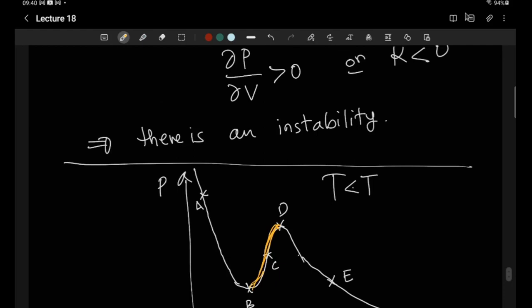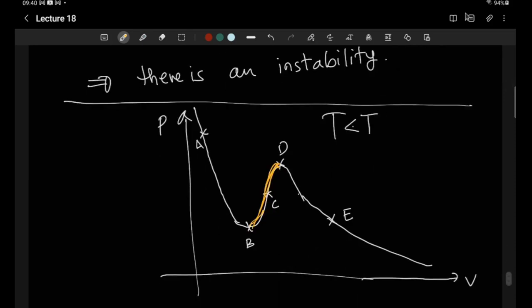So now the question is, what are the interpretations for points A and E? The idea here is that there will be a phase transition. The DE part is one phase, the AB part is another phase, and at least A and E will be two different phases. So the question to you is, which is the phase for liquid and which is the phase for gas? A and E.